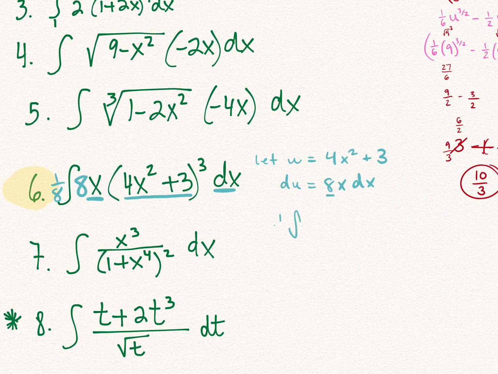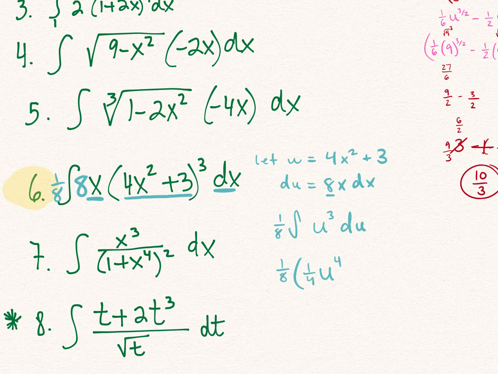I've got 1/8 times my integral of 8x dx is going to change to du, so that we just have u cubed du. So 1/8 times, we can take our antiderivative from here, u cubed. The antiderivative would be u to the 4th power times 1/4.